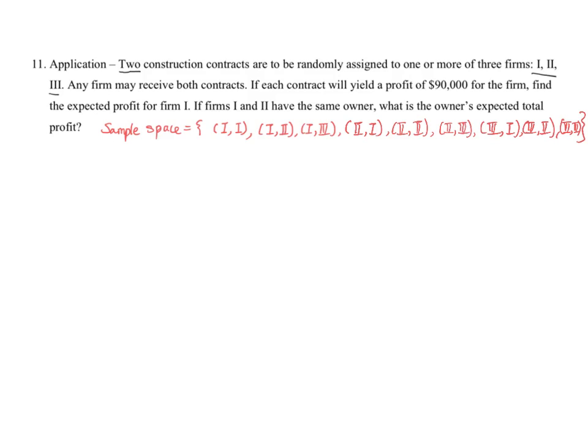Now, because what we are trying to find is the expected profits for firm number 1, I want to just focus on firm number 1.